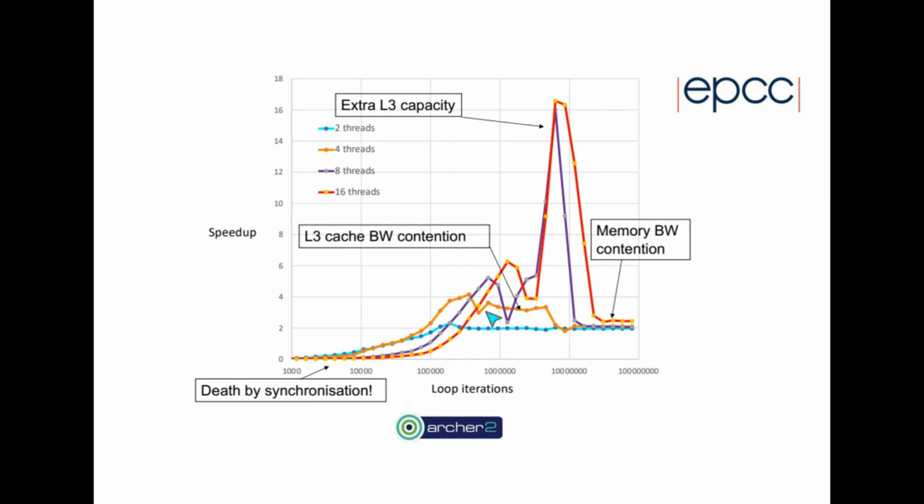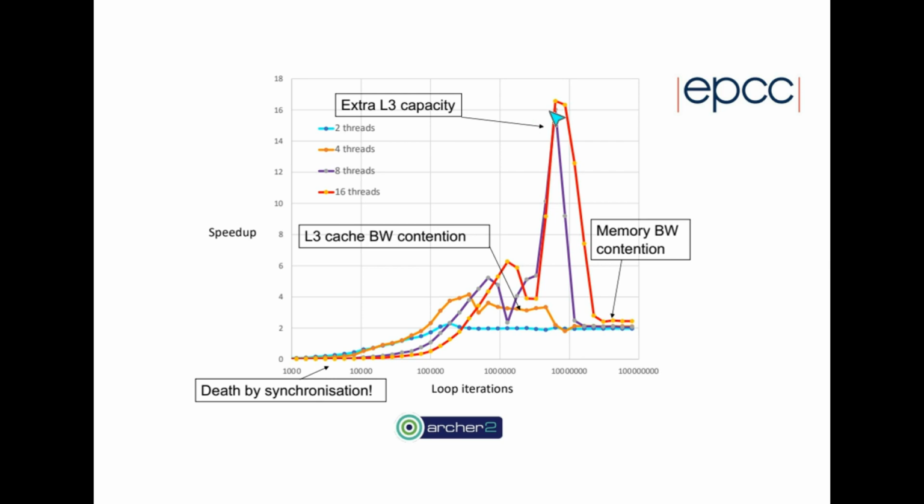For 8 and 16 threads, you get this weird effect because 8 and 16 threads now have access to more level 3 cache. So for this narrow range of values here, the data doesn't fit in one level 3 cache, but it does fit in either 2 or 4 level 3 caches. So you get this sort of superlinear speed up effect.